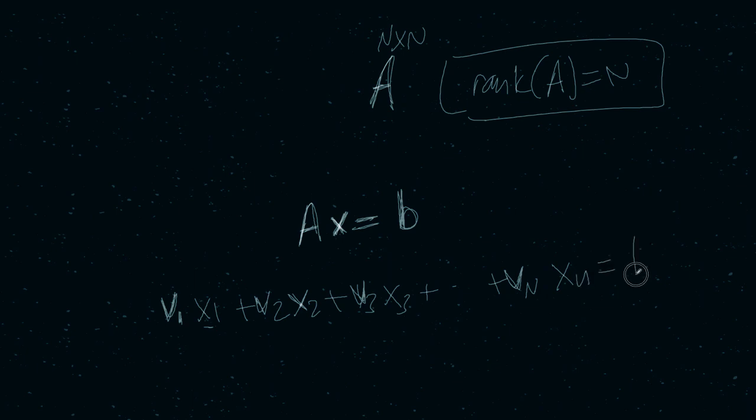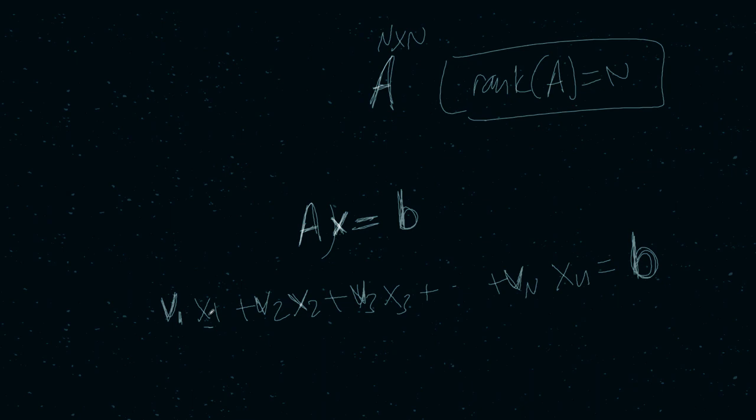This will be the result b. Now b is again just a linear combination of all the column vectors, which we call the column space of the matrix A. So it is just a linear combination of those vectors.